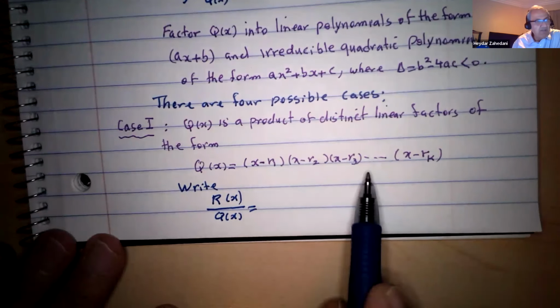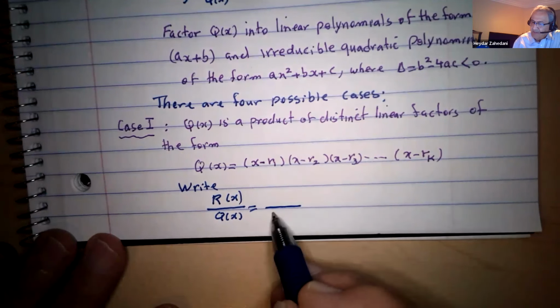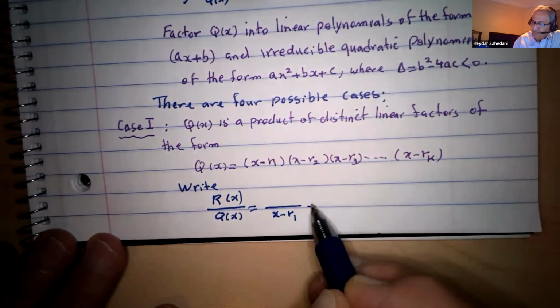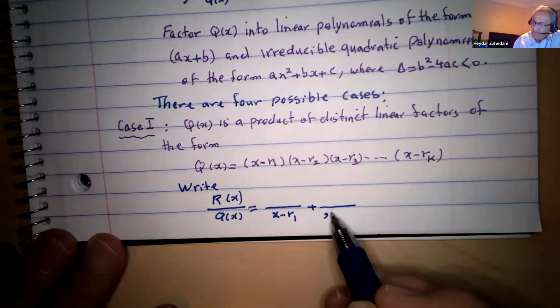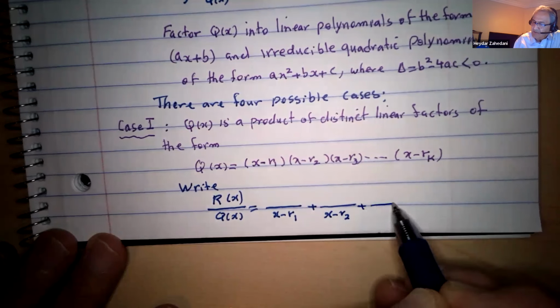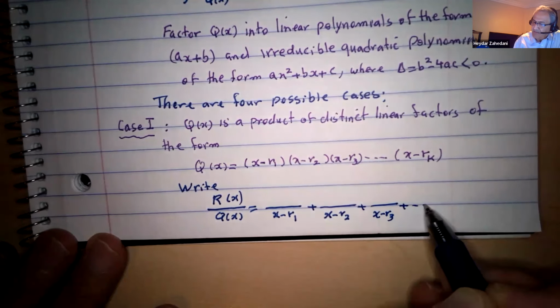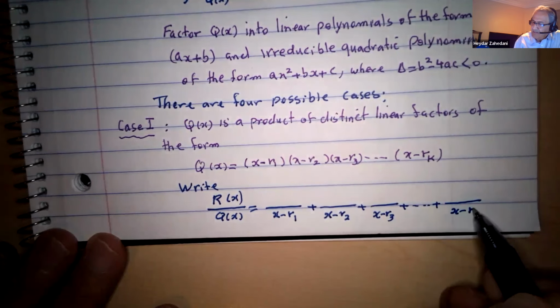For each of these factors, you are going to have one fraction. The first is for the first factor, x minus r1, then x minus r2, then you continue to x minus r3, up to x minus rk.